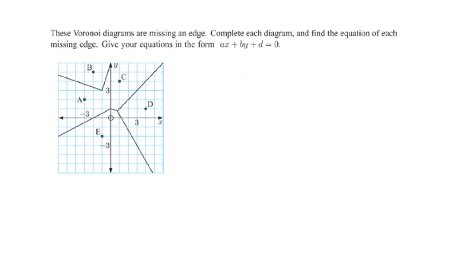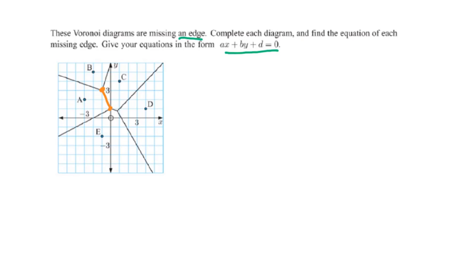One more example. These Voronoi diagrams are missing an edge. Complete each diagram and find the equation of each missing edge. Give your equation in the form Ax plus By plus D equal to 0. The missing edge will be between A and C. Therefore, you just need to connect the vertex.